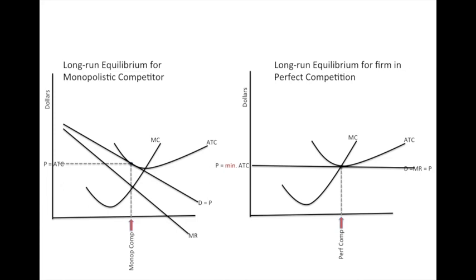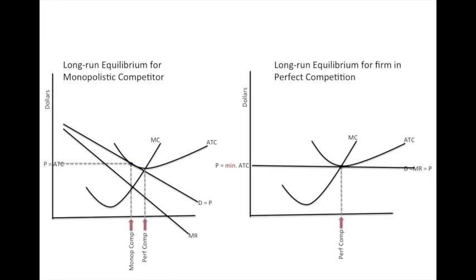You can see for the monopolistic competitor, however, on the left, that the output they make is going to be less than the perfectly competitive industry, because the output the monopolistic competitor will make will be less than the minimum ATC quantity. So there's a difference between the two quantities, and we call that difference excess capacity.